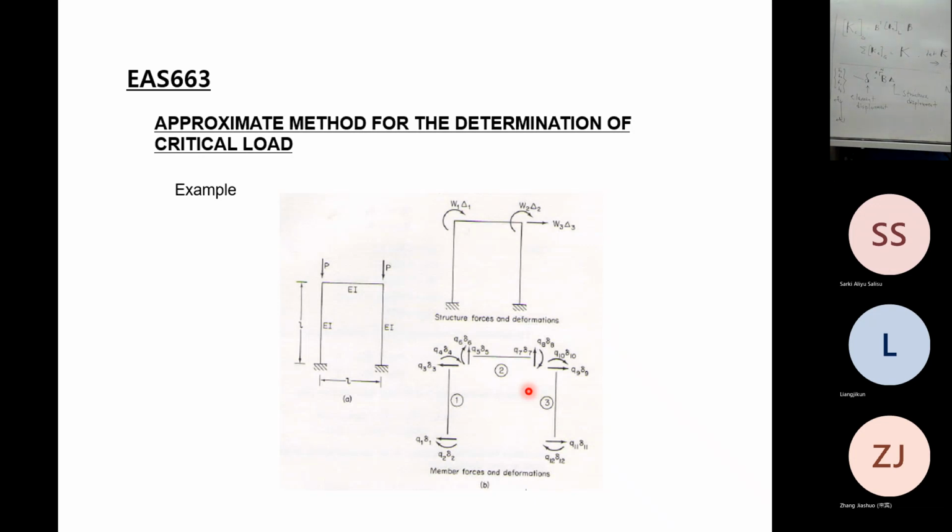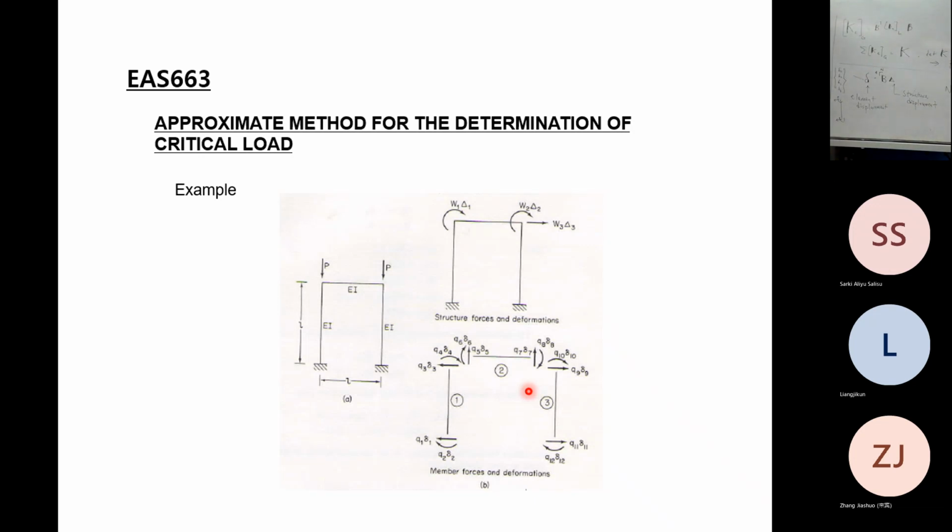So this is for element 1. Let me write down for element 2. Element 2, delta 5 is what? Delta 5 is 0. Delta 6 is delta 1. Delta 7, 0. Delta 8 is delta 2. Okay. So I hope you confirm this.